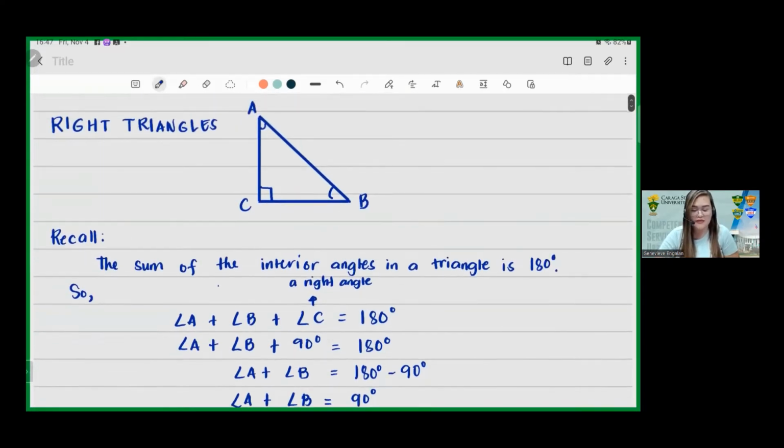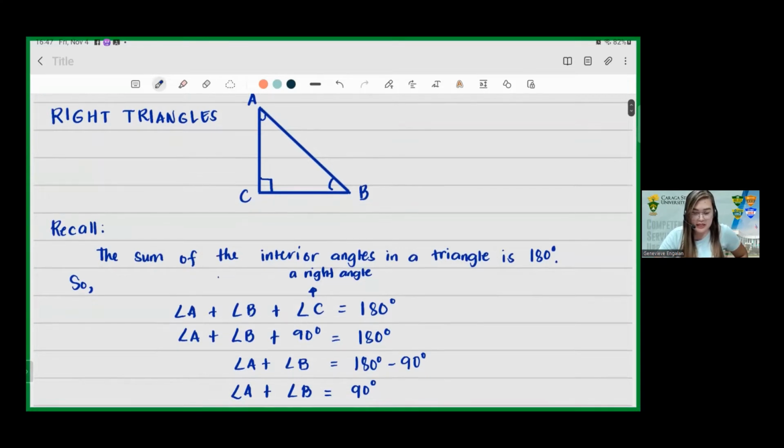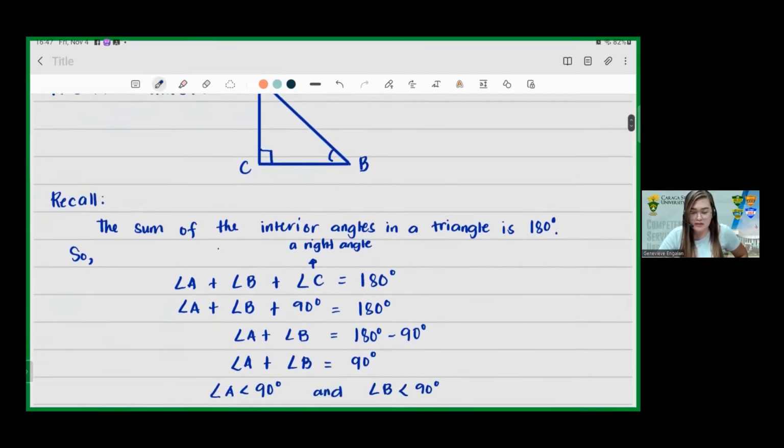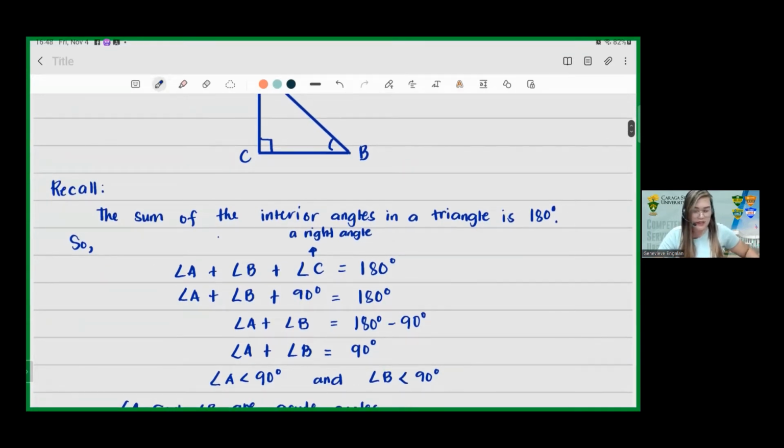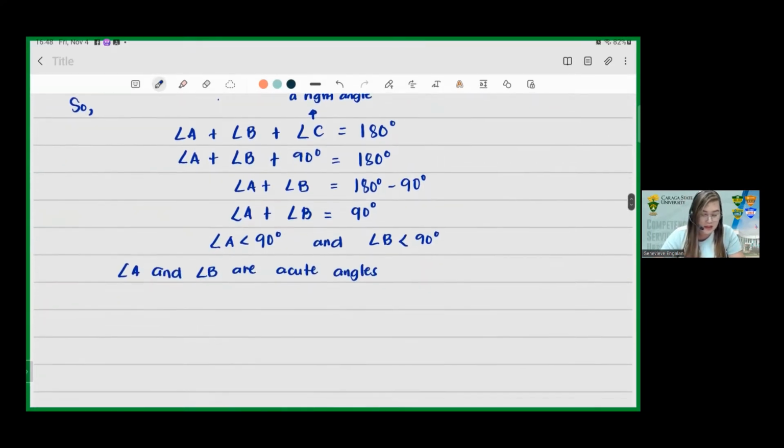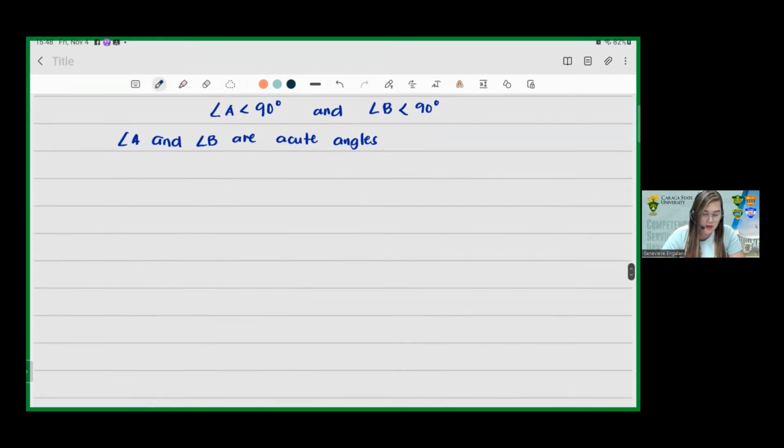Okay, so if you have a right triangle, it has one right angle and the other two are acute angles. Again, in a right triangle, we have one right angle and two acute angles. Now remember SOHCAHTOA.